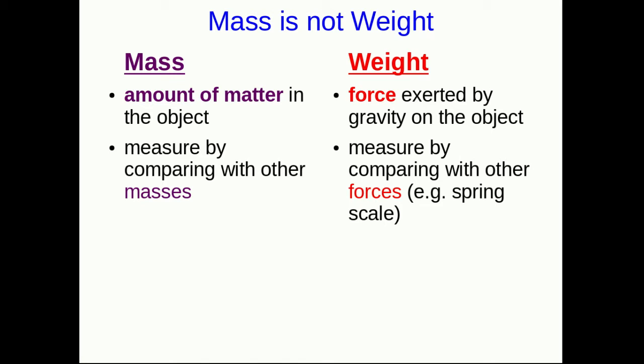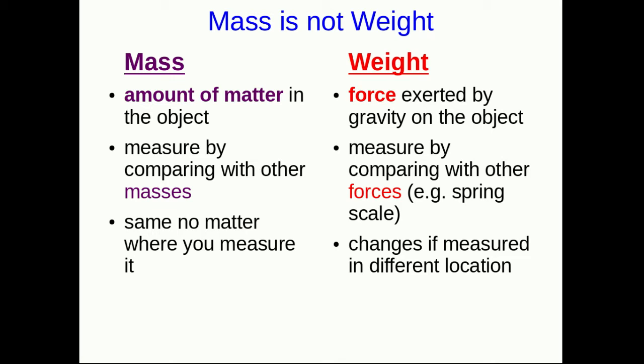So that thing on the previous page that I said was not a balance isn't a balance because it's comparing the force down on it by the thing you're weighing with either the compression of a spring or maybe a more advanced electronic thing like a strain gauge.